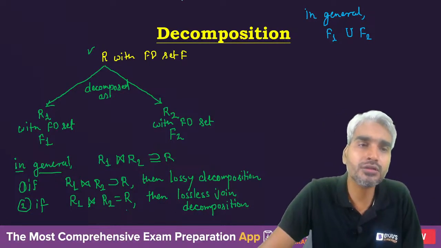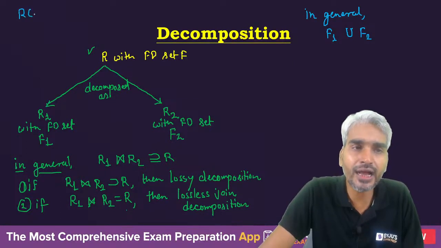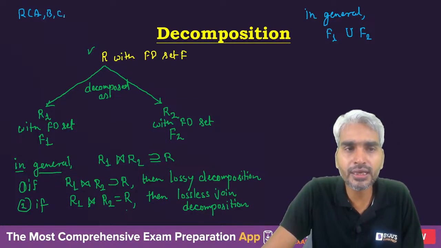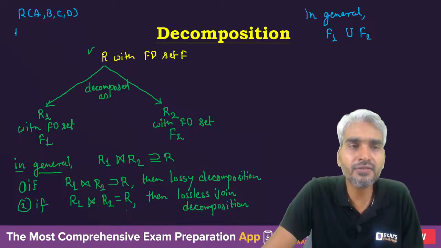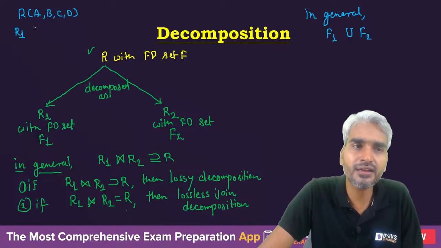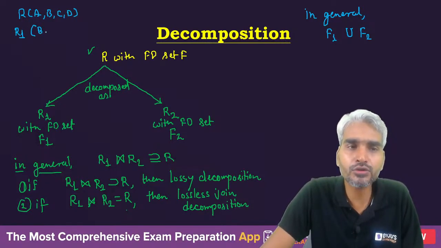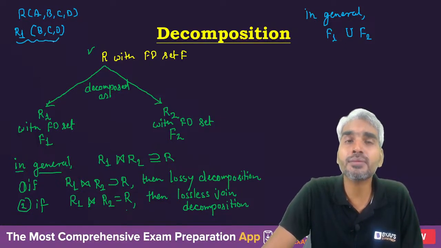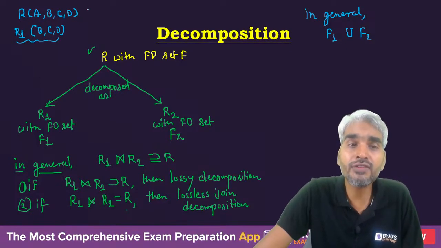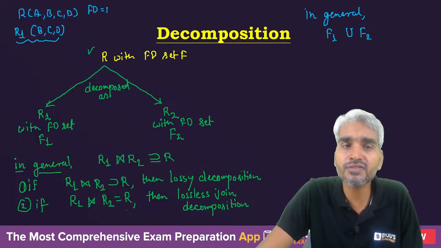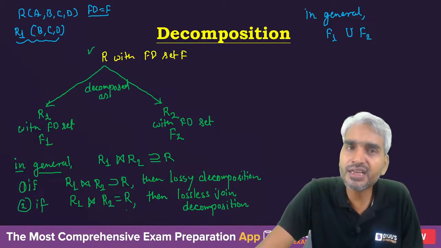If we have a relation R with attributes A, B, C, D, and if we define a relation R1 with attributes B, C, D, or whatever, then the FDs of this sub-relation R1 will eventually come from the FDs of the original relation R, right?